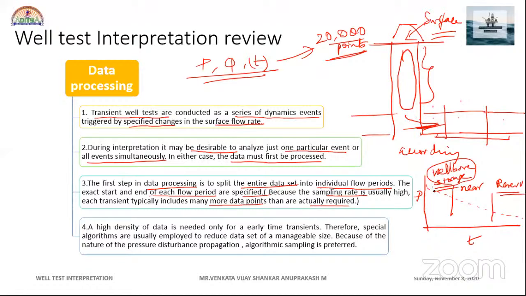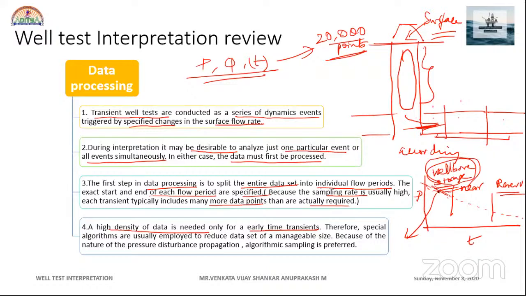If you have more data points at this point, then you can fit a right curve to the first flow period. High density of data is needed only for an early time period, because that will be characterizing the wellbore. So that is why if you have more points at this early time transient, that will be very good.